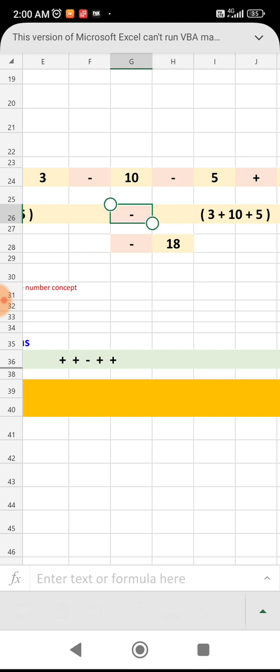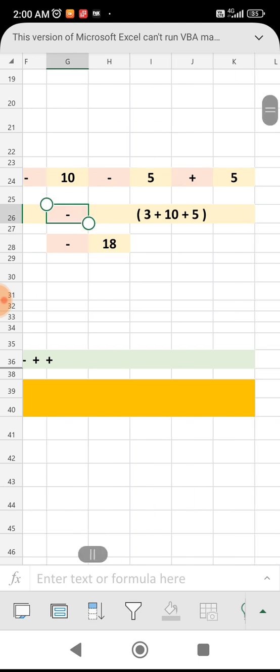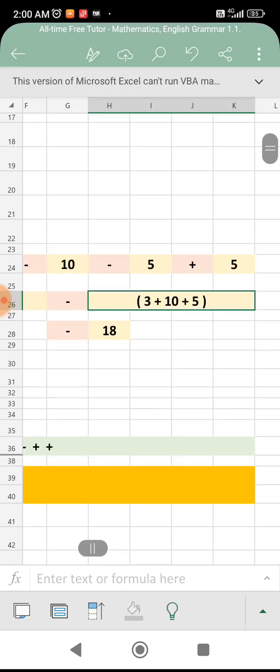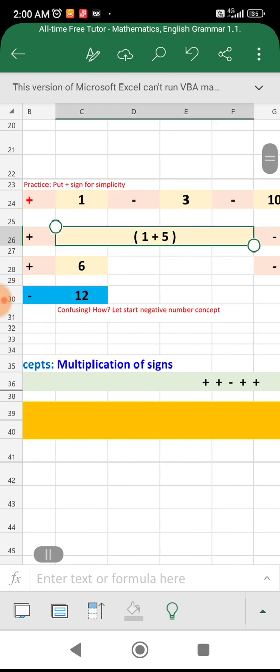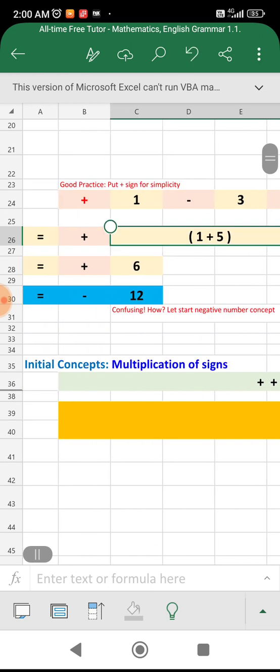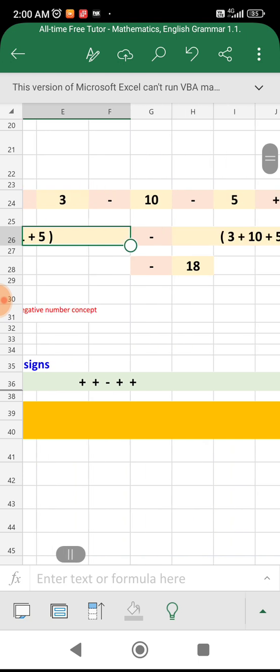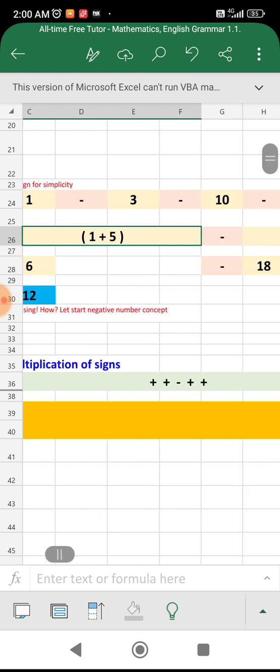Why minus? Because these numbers are the minus group. This group is the minus group, and this is our plus group. Now plus 6 minus 18.